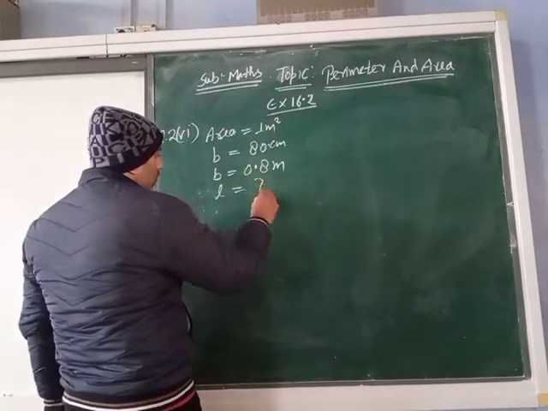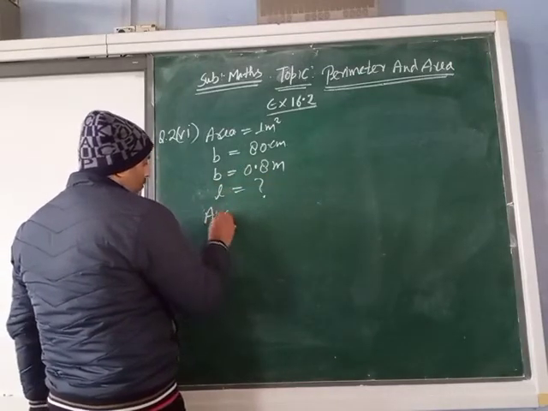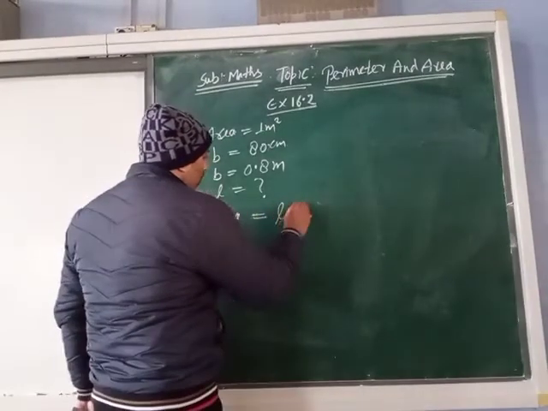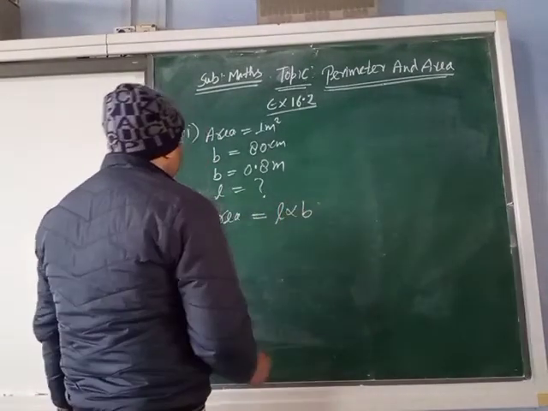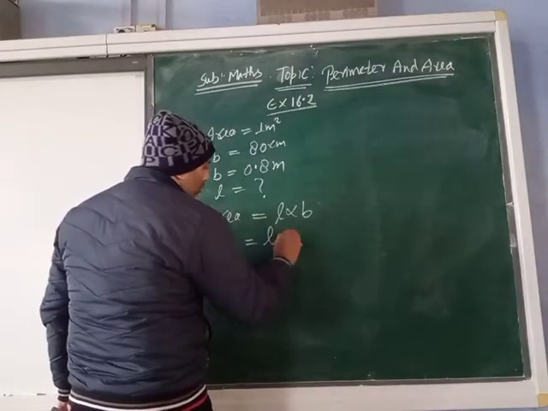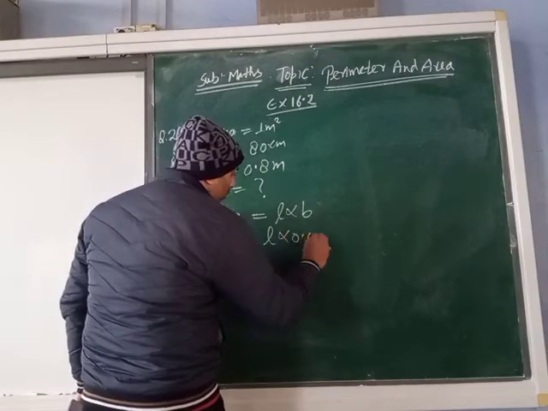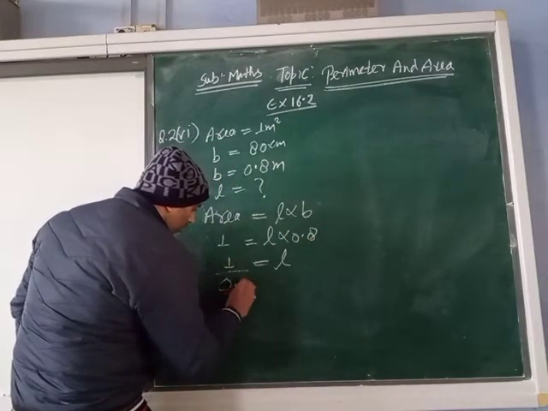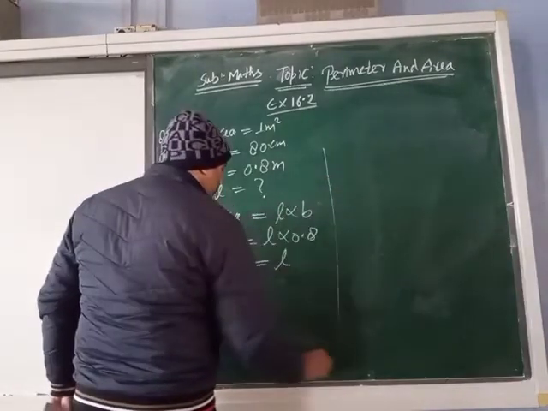What do we have to find? Length. The area of a rectangle is length into breadth. The area is 1, length we don't know, and breadth is 0.8 meter. So L equals 1 upon 0.8.